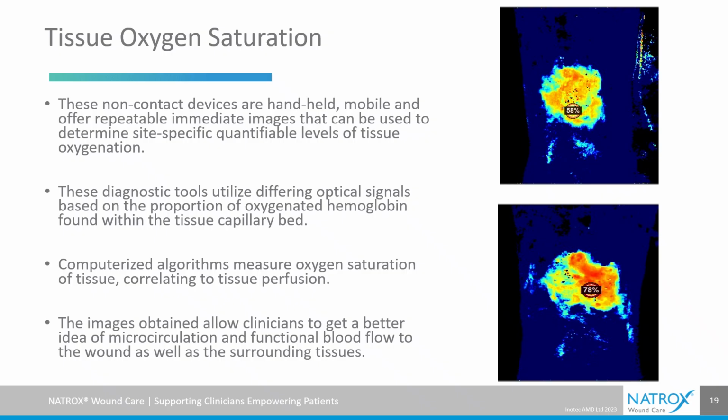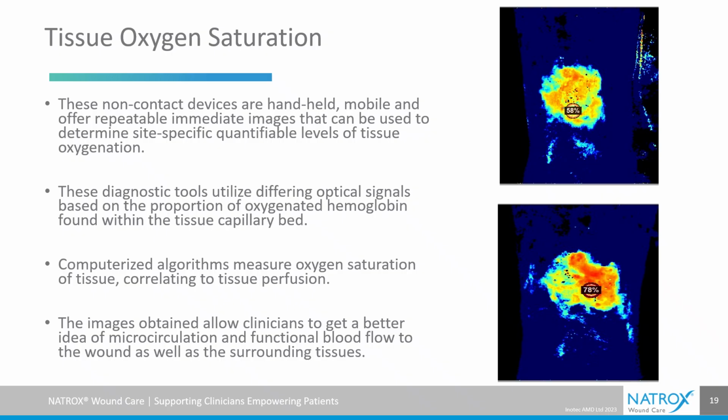Again, functional perfusion to the tissues. These diagnostic tools utilize different optical signals based on the proportion of oxygenated hemoglobin found within the tissue capillary bed. Computerized algorithms measure oxygen saturation of tissues, thus correlating to tissue perfusion.